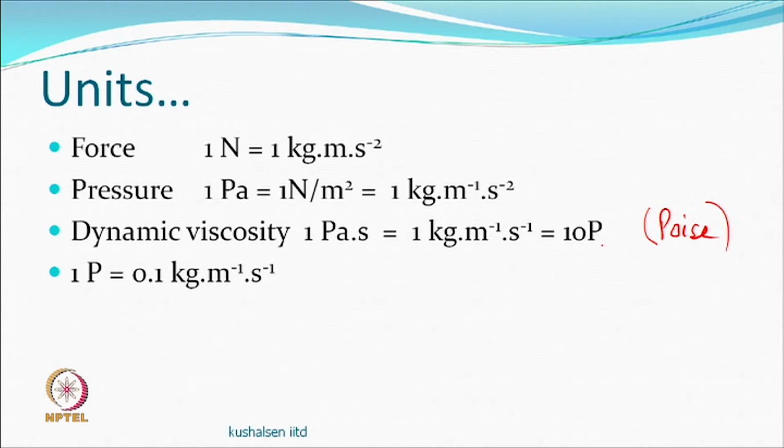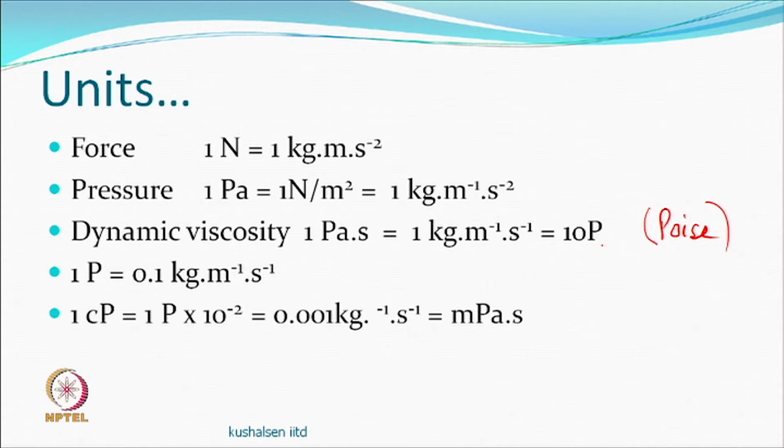So, 1 poise therefore is 0.1 kg per meter per second, and then 1 centipoise obviously is 1 poise times 10 raised to minus 2, which is 0.001 kg per meter per second, or millipascal second, all right.